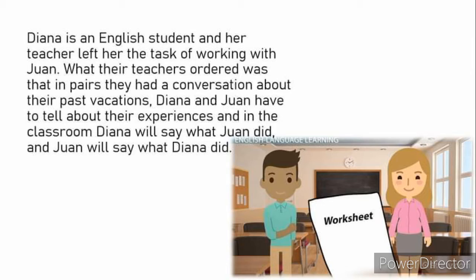Example 2. Diana is an English student and her teacher left her the task of working with Juan. Their teacher ordered that in pairs they had to have a conversation about their past vacation. Diana and Juan had to tell about their experiences in the classroom. Diana will say what Juan did and Juan will say what Diana did.